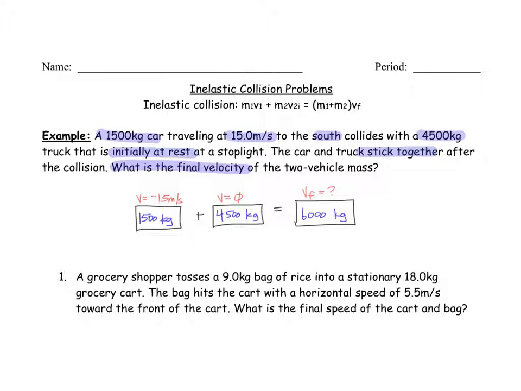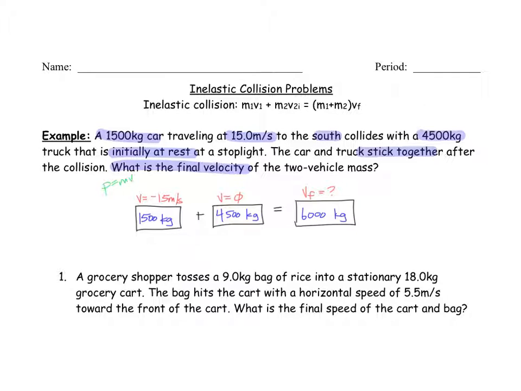Okay, so since momentum is conserved, if I can find the individual momentum and then add up and determine the total, I can find the total momentum before and the total momentum after because they will be equal to each other. So using the equation P equals m times v, I'm going to use the mass of the car times the velocity of the car, and the mass of the truck times the velocity of the truck.